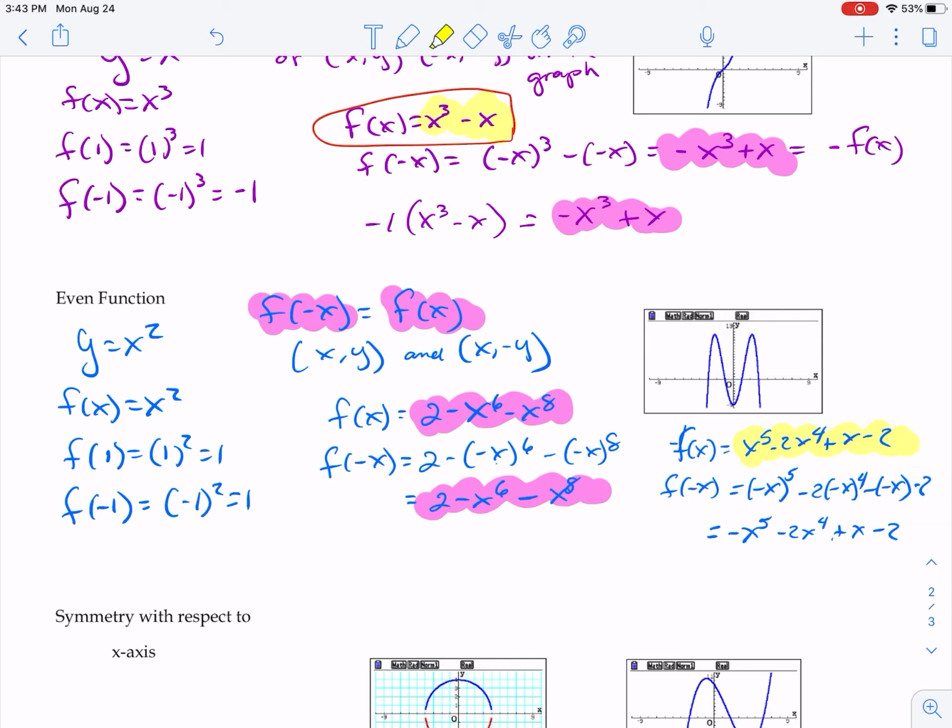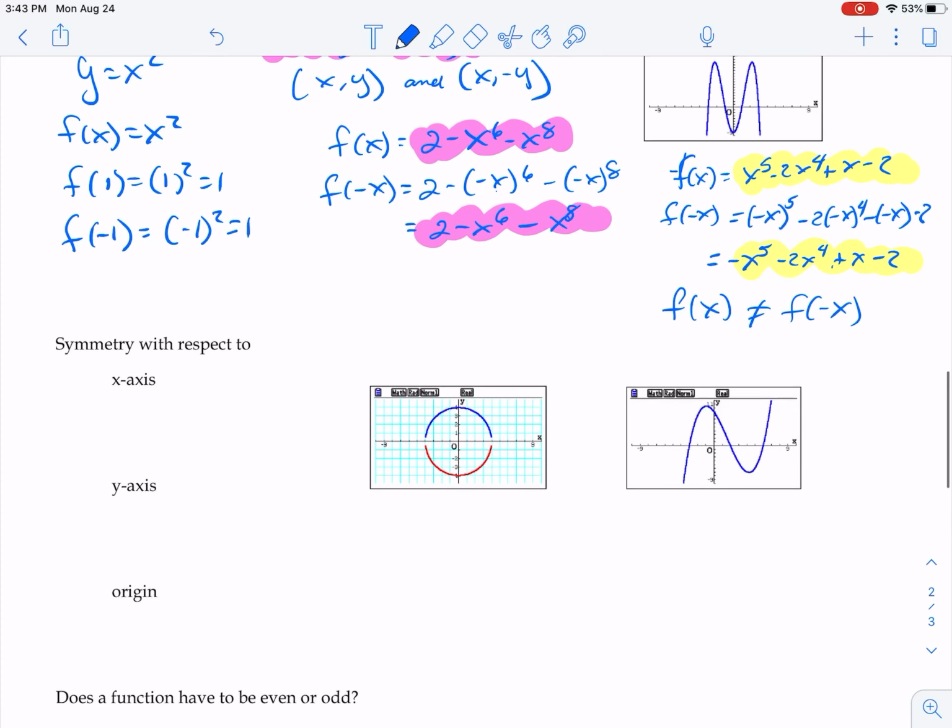This does not equal that. So f of x does not equal f of negative x. So it's not even. All right? This is tough stuff. Stop it, pause it, go back, look at it, do it over again, try again. All right?